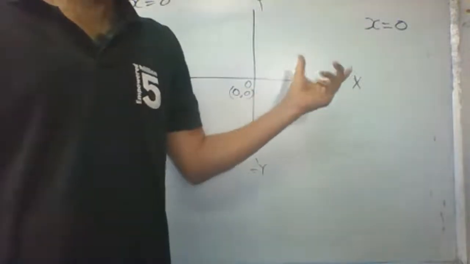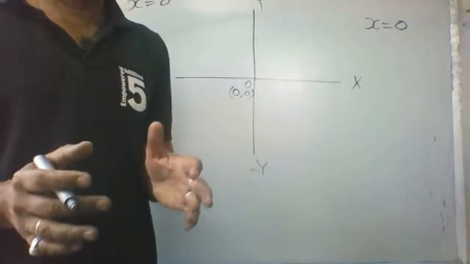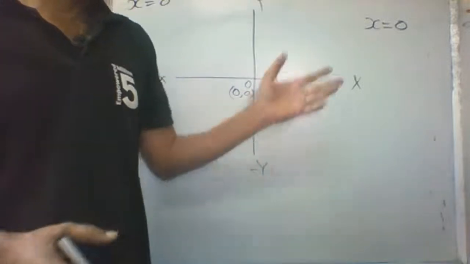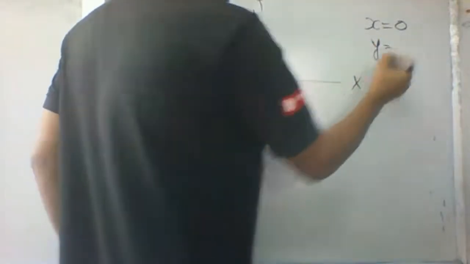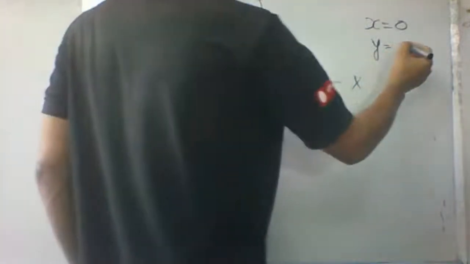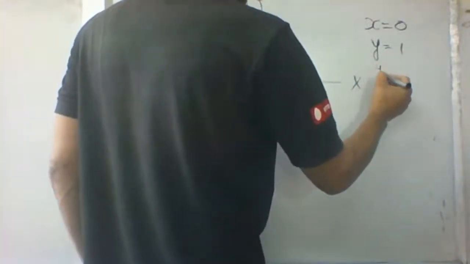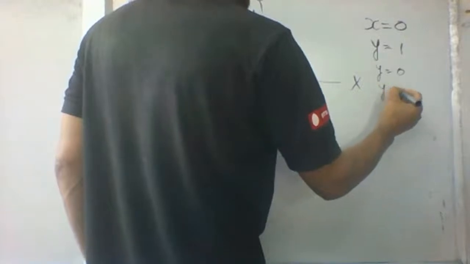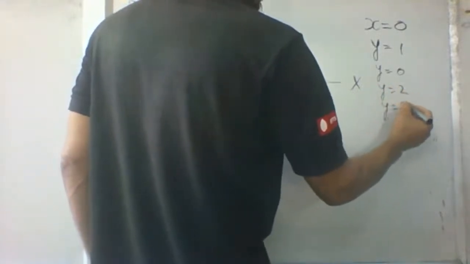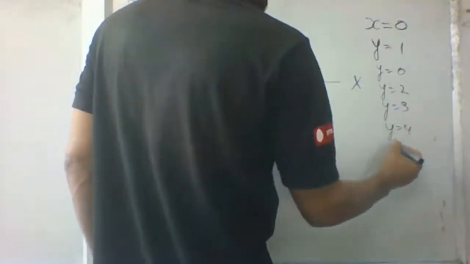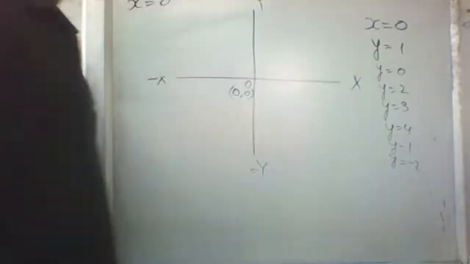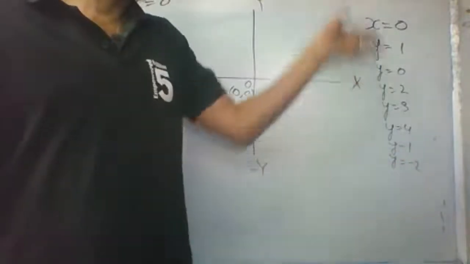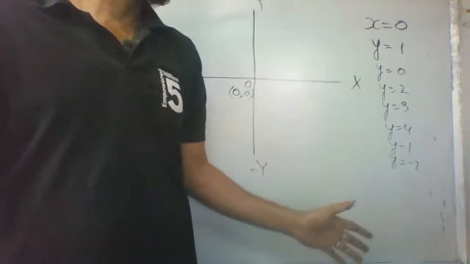It means if x is equal to 0, remember what he is saying invisibly to you, y can have any value. Y can be 1, y can be 0, y can be 2, 3, 4, y can be minus 1, minus 2. Meaning anything from 0 to the plus axis, 0 to the minus axis.